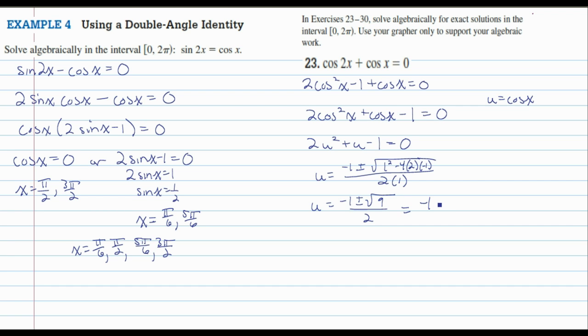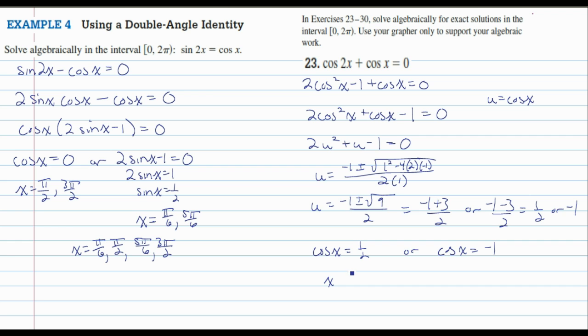So that's going to be negative 1 plus 3 over 2, or negative 1 minus 3 over 2. So that's going to be 1/2, or negative 1. Well, u is cosine of x. So cosine of x equals 1/2, or cosine of x equals negative 1.